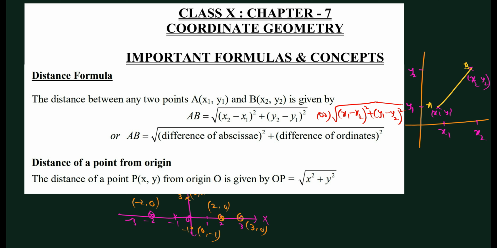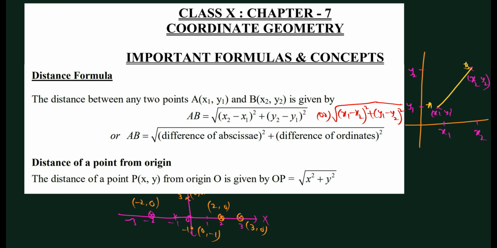Also, we can call it the difference of abscissa, where abscissa means x-axis points, plus the difference of ordinates, where ordinates means y-axis points. Difference of abscissa whole square plus difference of ordinate whole square, or root over (x2 - x1) whole square plus (y2 - y1) whole square, or root over (x1 - x2) whole square plus (y1 - y2) whole square.